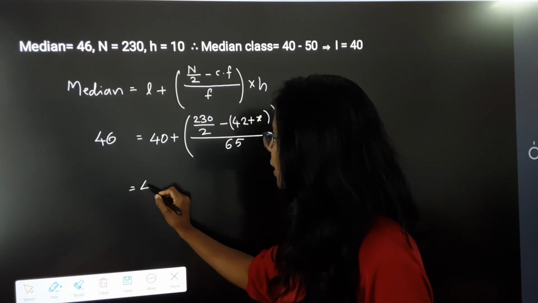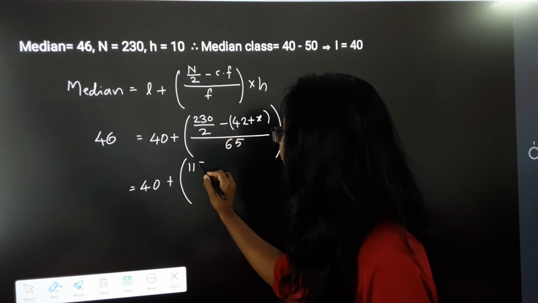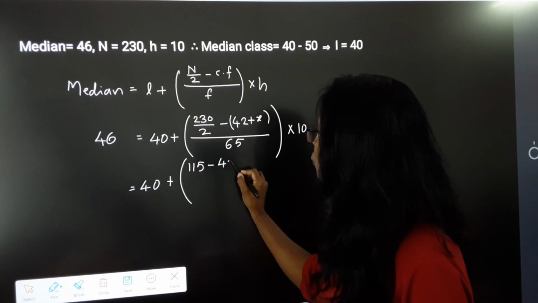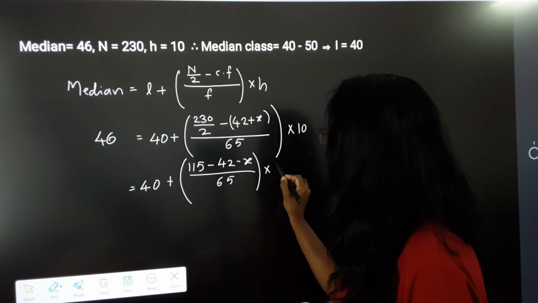So now 40 plus 230 upon 2, that means 115, minus 42 minus x, divided by 65, multiplied by 10.